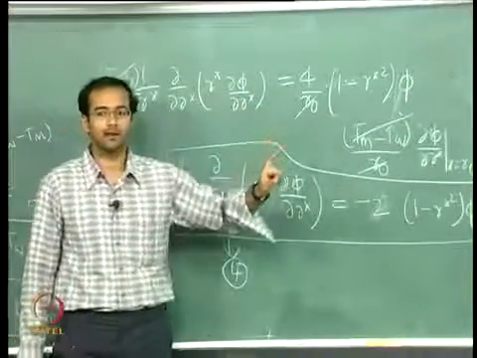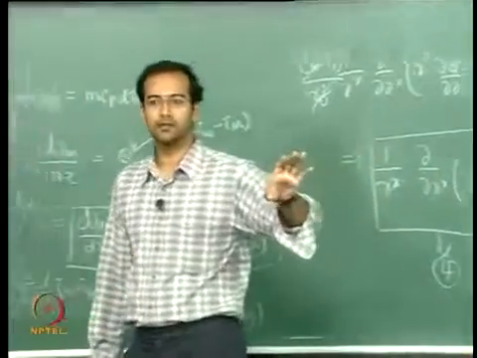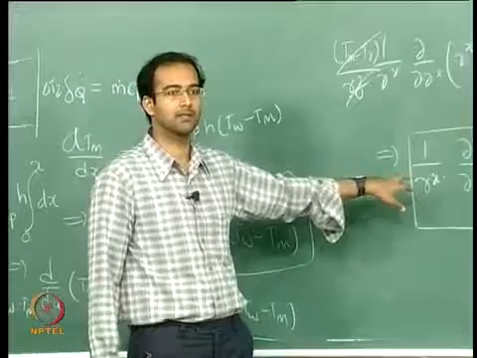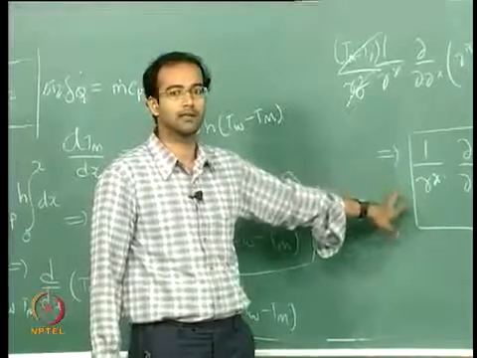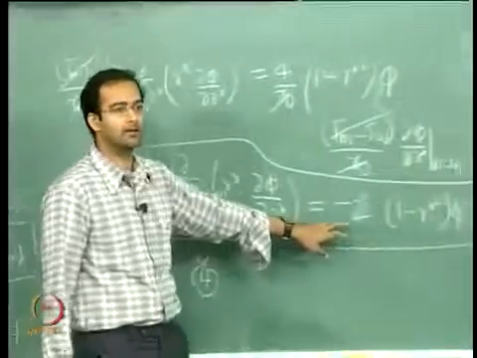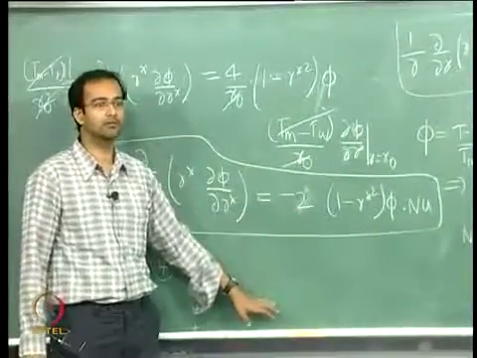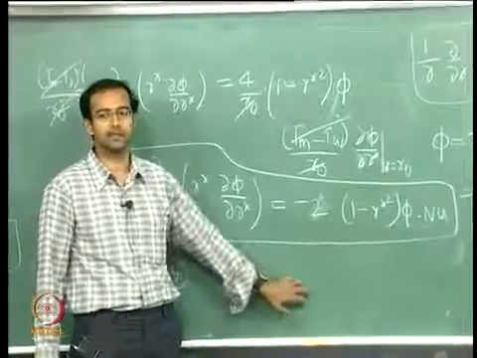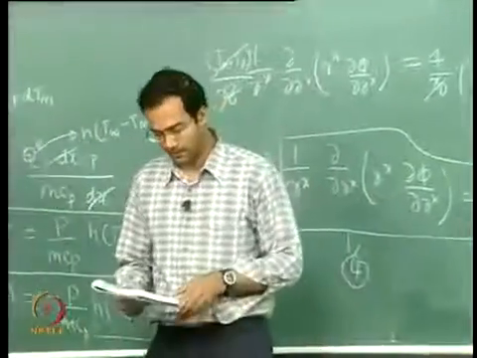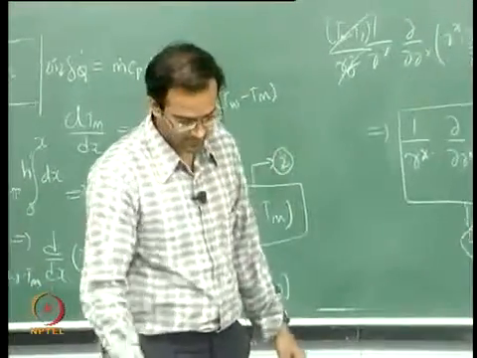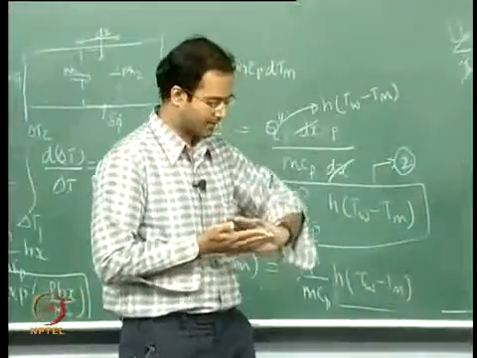Earlier I had a partial differential equation, and now I have reduced it by manipulation and non-dimensionalization to an ODE which is a function of r, and this is of course a higher order ODE. I can break it up into two first order ODEs and use the shooting method. We will see that in the next class. I will just give a summary of the shooting method, which you are already used to, to solve this equation.